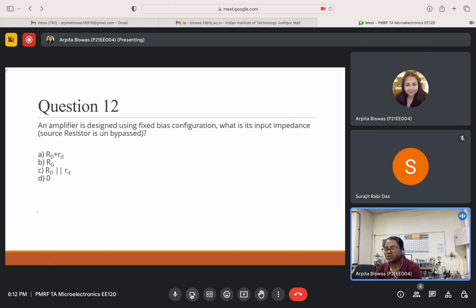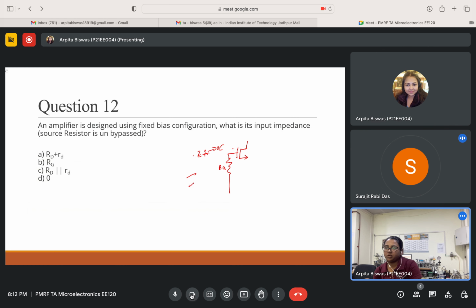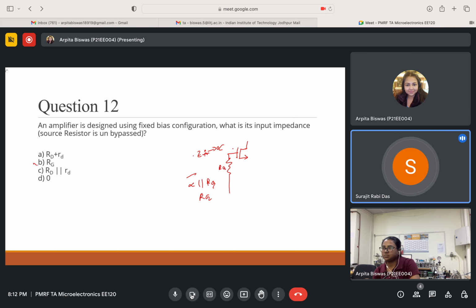For fixed bias, the resistance will come from the gate to ground, so it is RG only. Also Zin is infinity and there is RG, so infinity and RG are in parallel. So the value will be almost only RG.